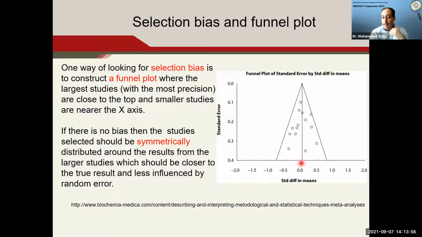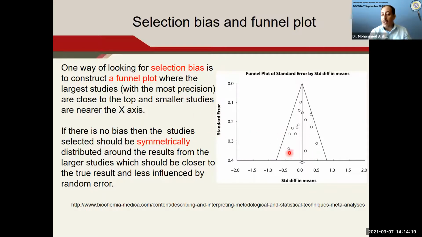So around the mean, this is the mean of standard difference, it's symmetric. And then also between the top and the bottom, it's symmetric. So in this case, I can tell you there is no publication bias, because based on the funnel plot, there is a symmetric distribution of the studies based on sample size, standard deviation and standard error mean.